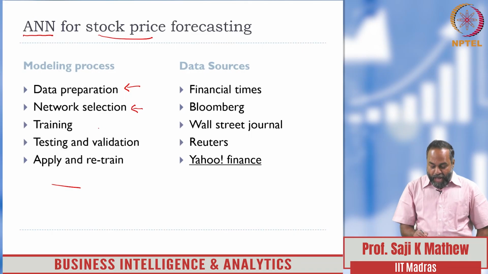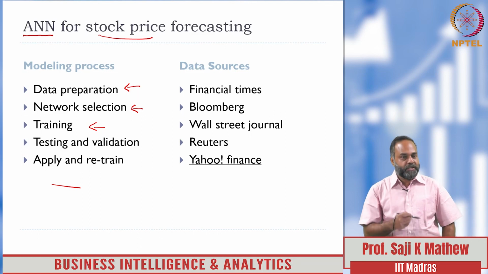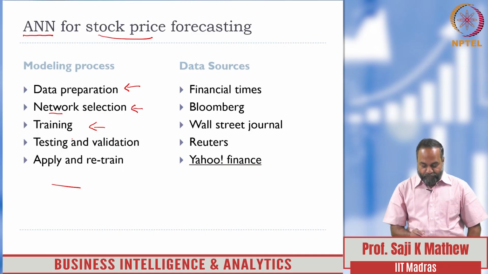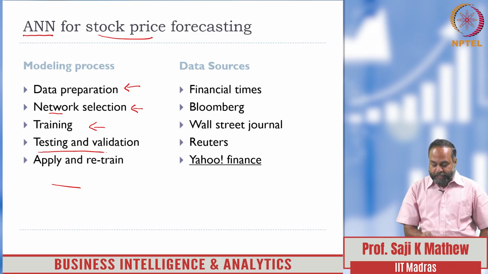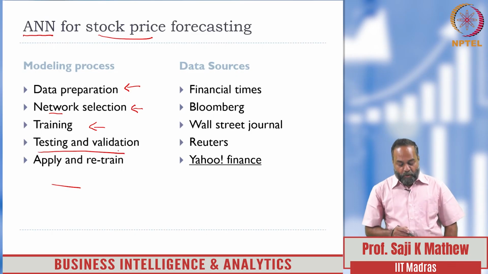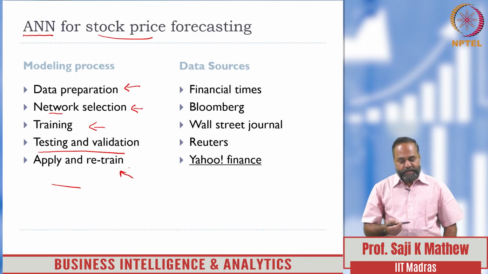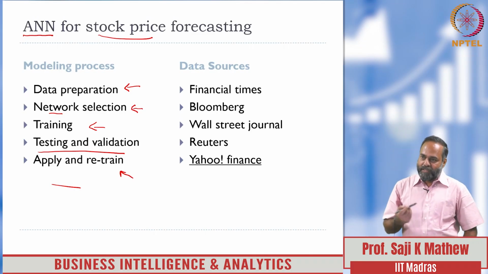Then we have to choose a training algorithm, input data, and use the algorithm to train the network, or fit the data into the network. And then we have to test and validate the models. And of course you can retrain when you have more data. That is a continual process.